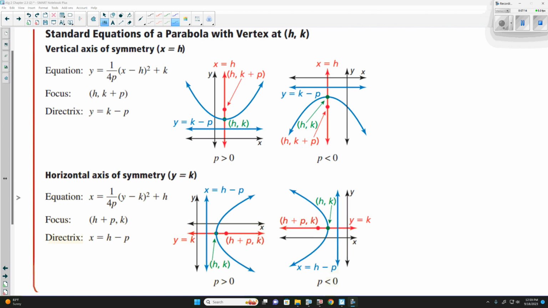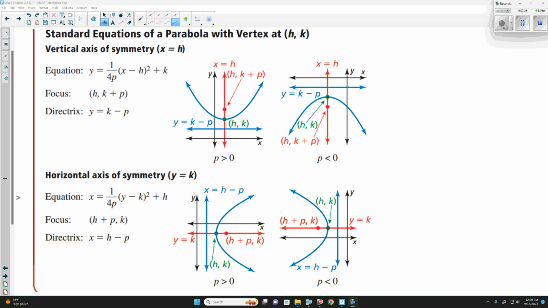Now we also have x is equal to 1 over 4p times y minus k squared, plus h. And the vertex for this other form is still the point h comma k.